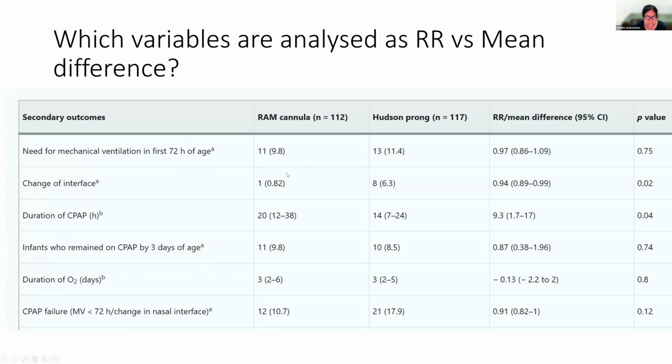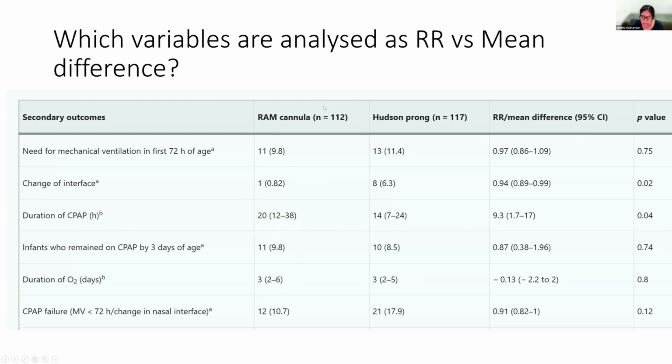So all the categorical variables are represented as N and percentage, right? Whereas the continuous variable is a skewed distribution, so it is expressed as median and interquartile range. Again, duration, median, interquartile range. That's how we can figure out why they have used it.